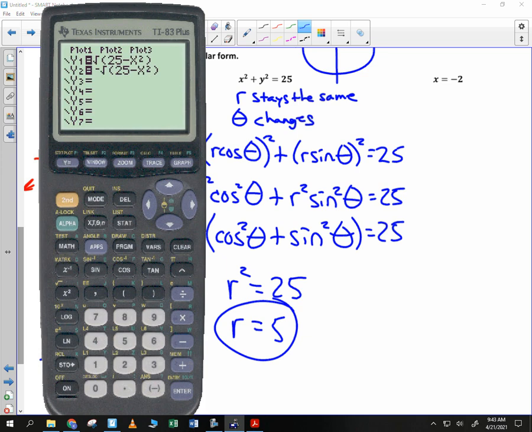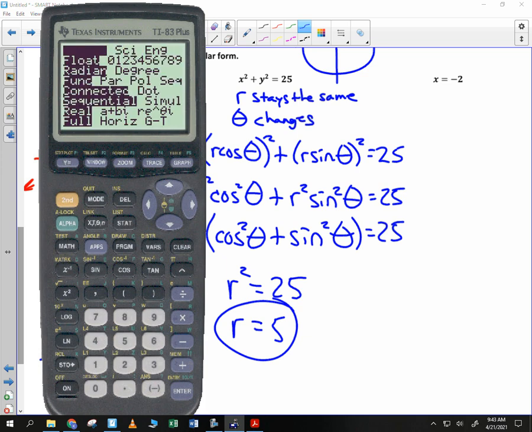Well, if you go into mode, notice you have function, but you also have other options, such as polar. You only know about 5% of what your calculator is capable of. And that's part of what we missed this year, because we didn't have some class time together, we missed a lot of the calculator options.